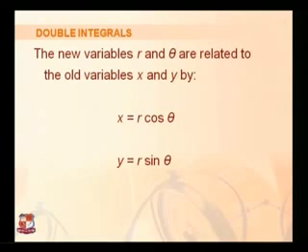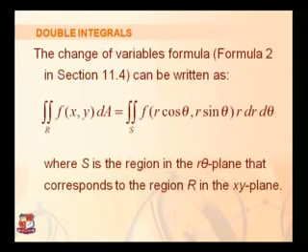The new variables, if we take r and theta, are related to the old variables, our normal variables x and y. For polar coordinates, we all know that x is equal to r cos theta and y is equal to r sin theta. When we change the coordinates, there are some changes in the integral as well.